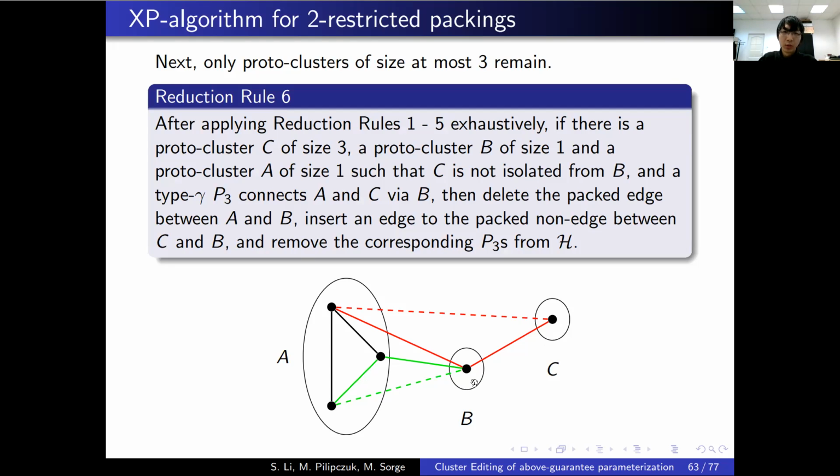So this structure is very restricted. And in this structure, we will delete the edges between B and C, because B and C are both protoclusters of size 1. And we insert an edge here and remove the corresponding P3s from the packing.